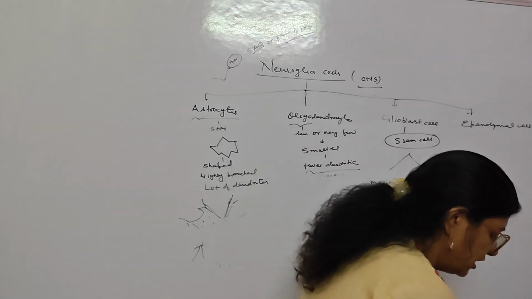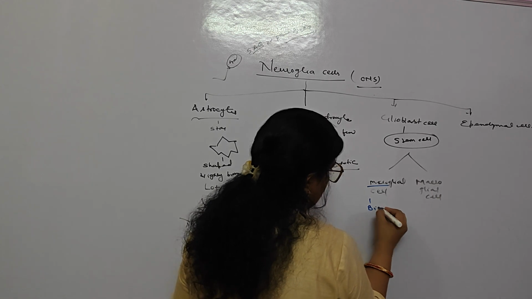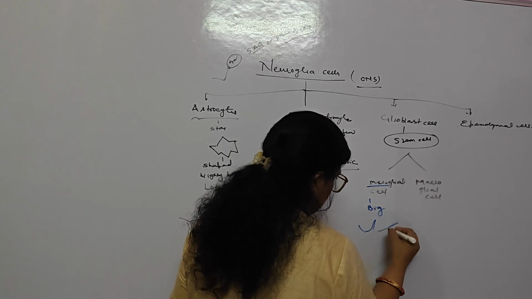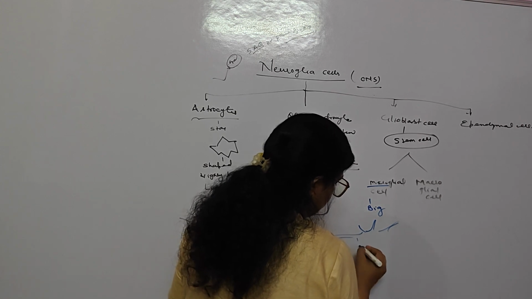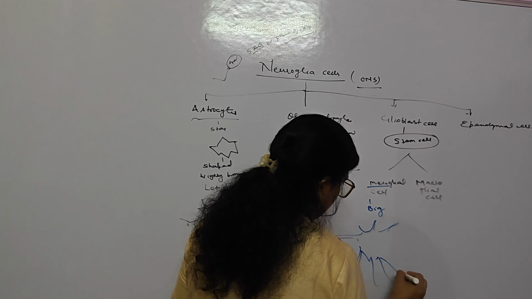Micro and macro, as the name suggests, macro means big. So this is the big cell with large euchromatic nuclei and highly pigmented nuclei.